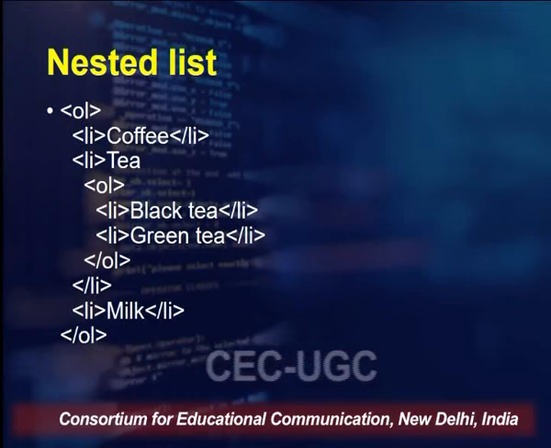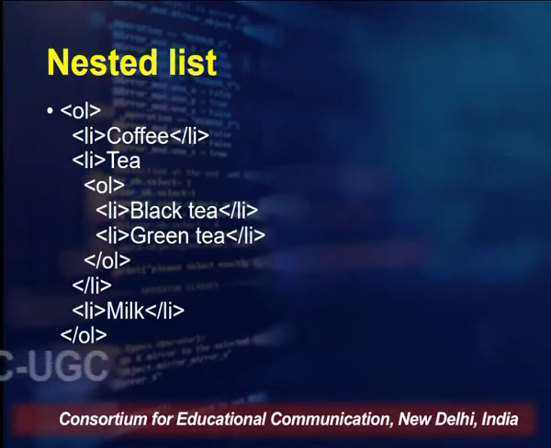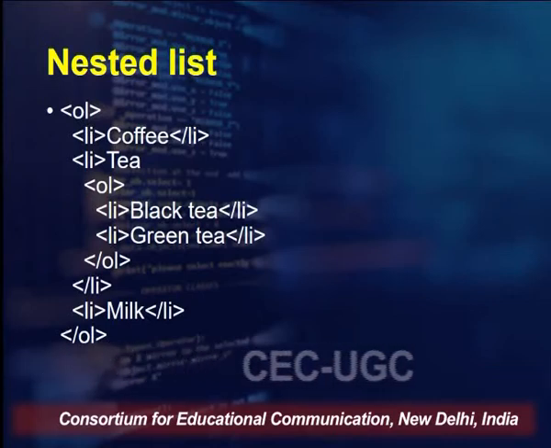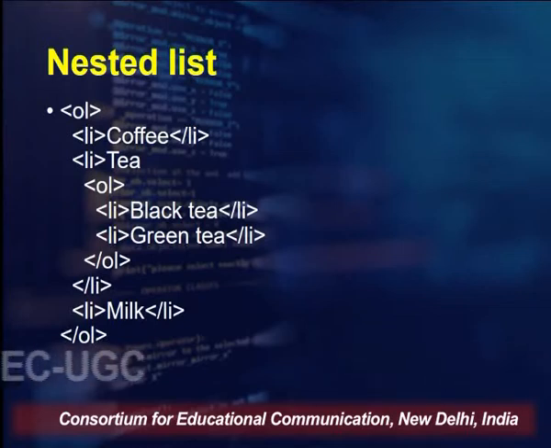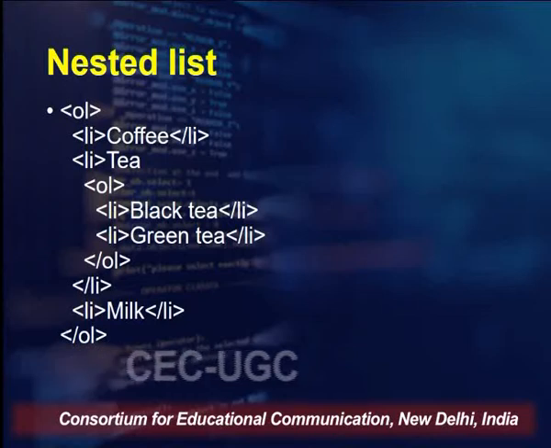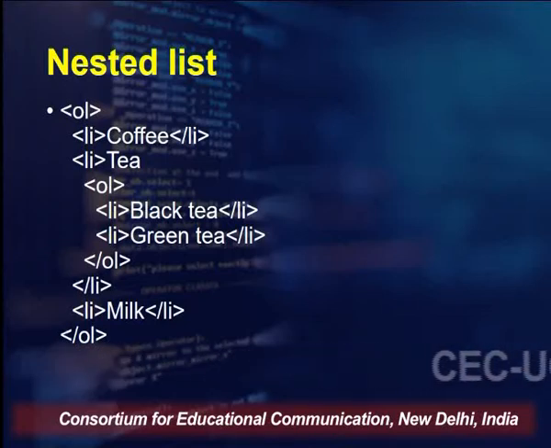So LI opening, and then I have written tea. Please remember there is no LI closing for tea yet, that is going to follow soon. Then we have an ordered list, and within that ordered list I have written 2 items properly within the list item tags. One is the black tea, another one is the green tea, or whatever items you want to have.